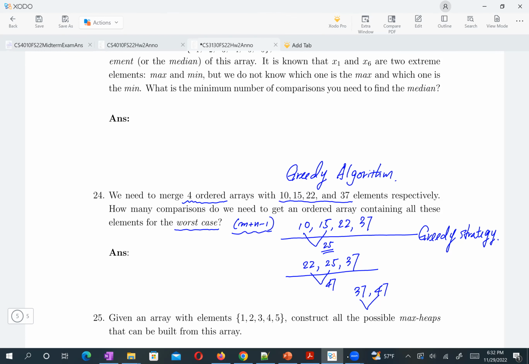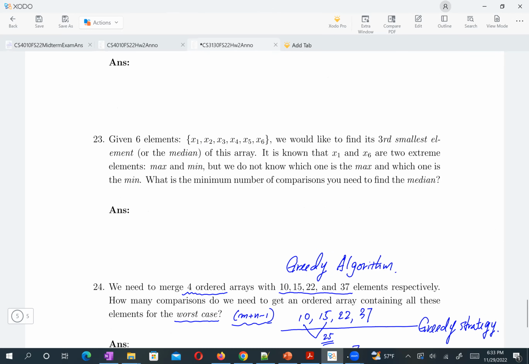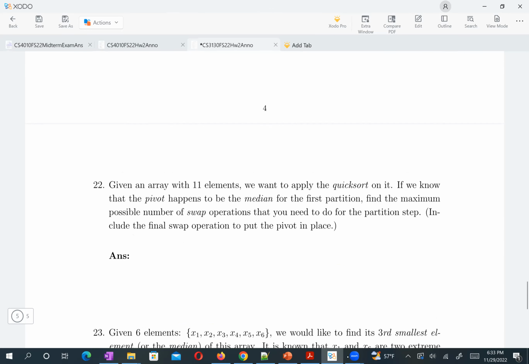You still need to do a lot of work to find the best solution, but just try the best you can to get the minimum number of comparisons for these 3 merge questions. All right, so let me look at the other questions.